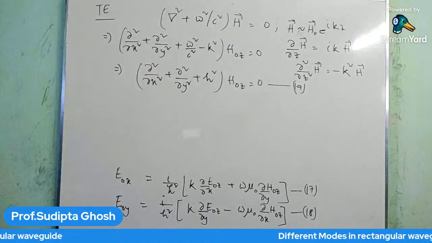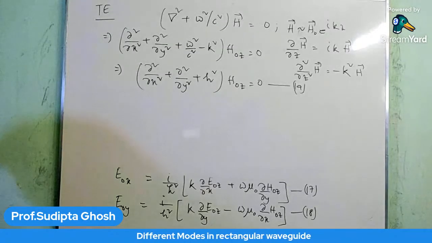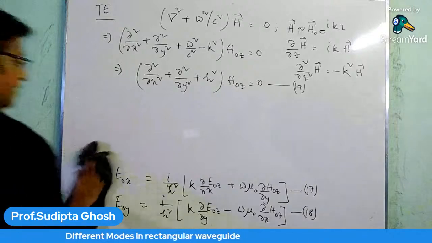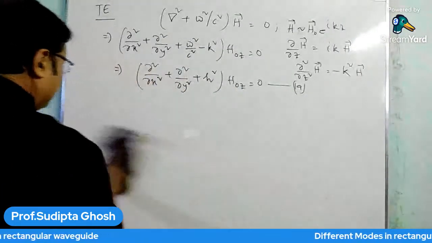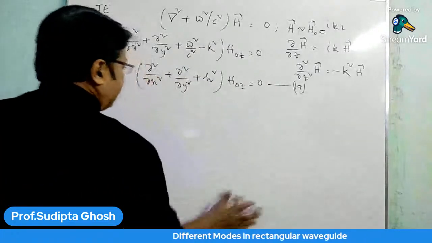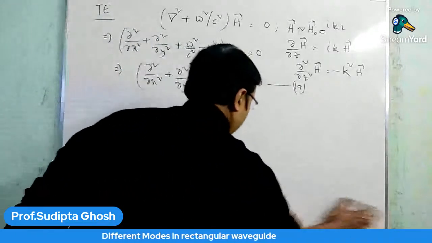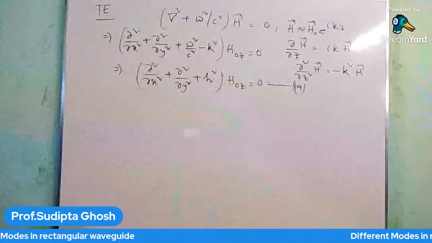Now for the solution of equation number 19, we assume a solution of the form HOZ, which is actually a function of x and y.